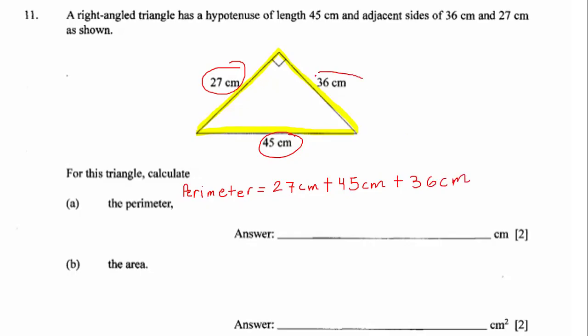So we have to add the 36 as well. So we have 27 plus 45 plus 36. And when you add all of them up, you get 108 centimeters.